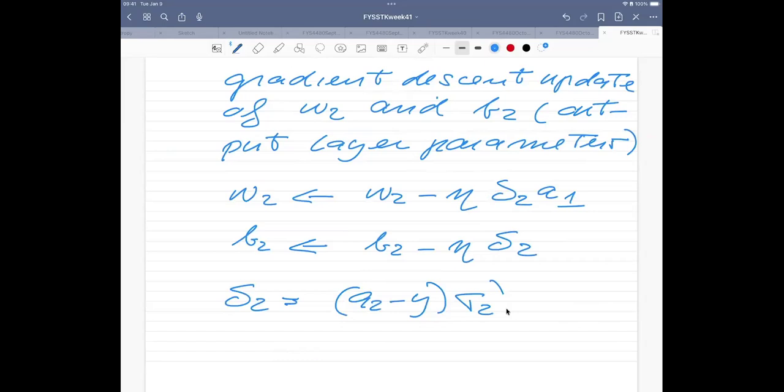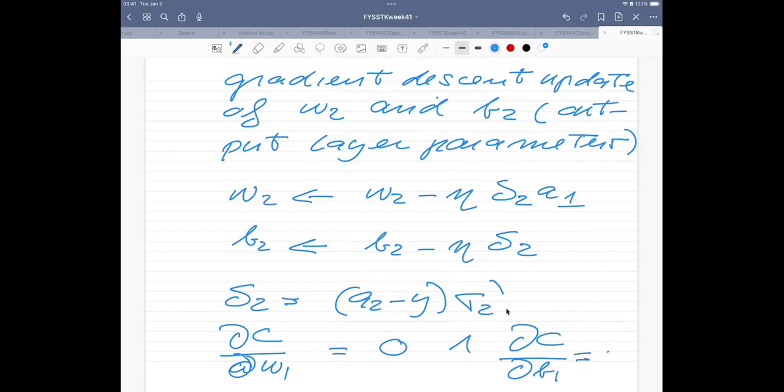But what we need now are the derivatives of the two next parameters, because we need to find dC/dW1 and dC/dB1.